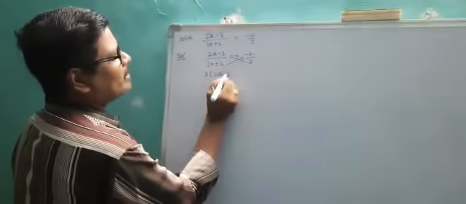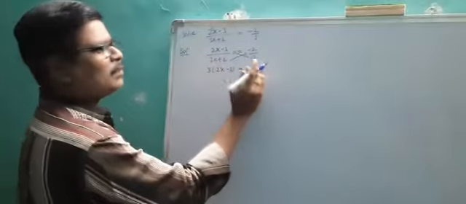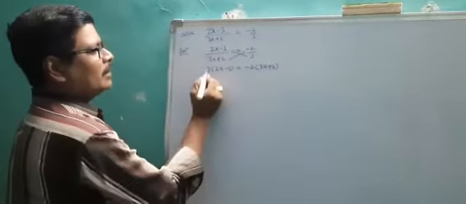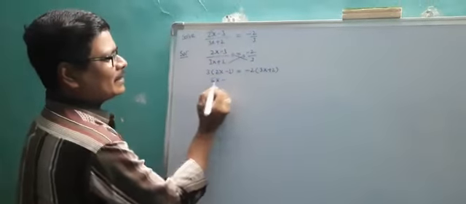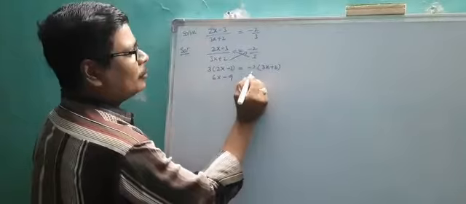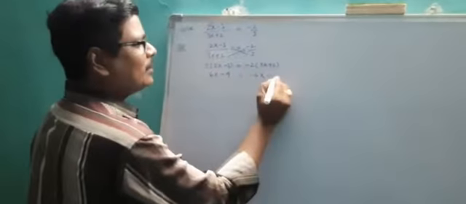So that means 3 into 2x minus 3 equals minus 2 into 3x plus 2. So 3 2s are 6x, minus 3 3s are 9, is equal to minus 2 into 3 minus 6x. Negative into positive is negative, 2 2s are 4.